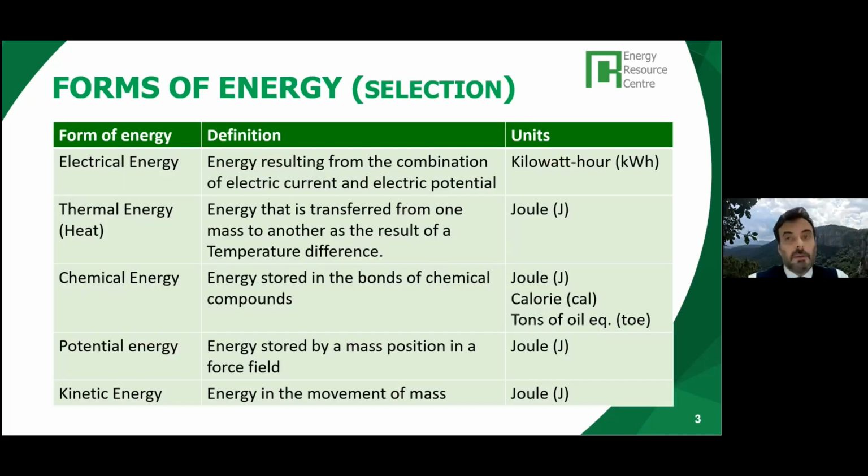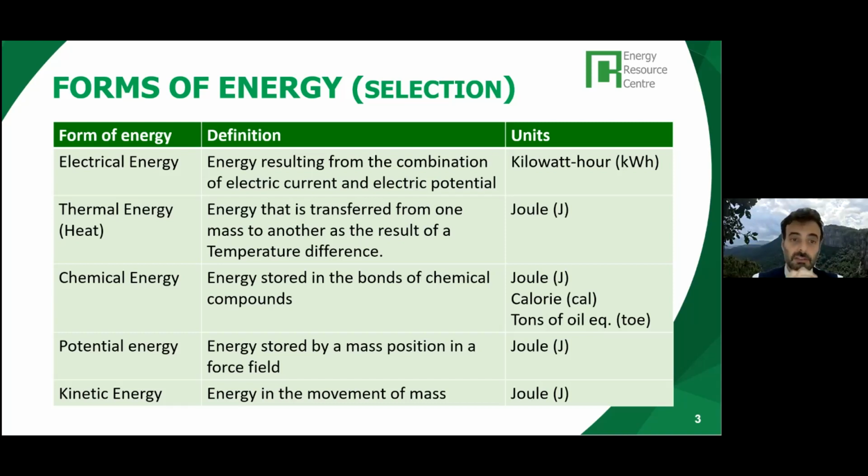Now, other basic aspects: the forms of energy. Of course, there are many forms of energy. This is just a selection of the energy forms that will be relevant for this capacity building course. Electricity, heat, and chemical energy, which is very important when we talk about biomass and bioenergy.